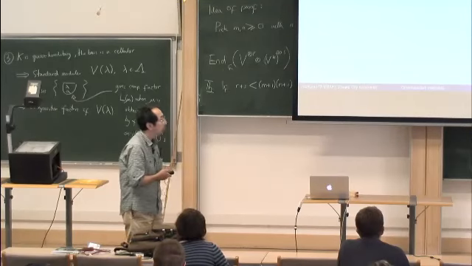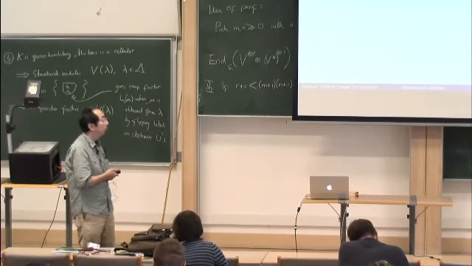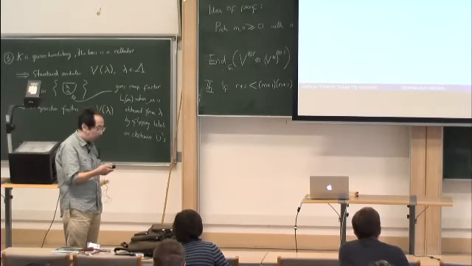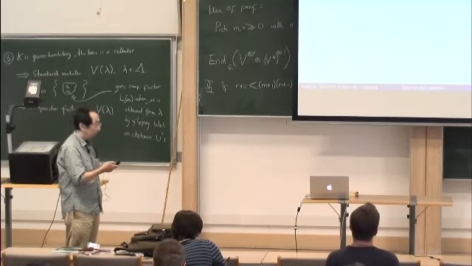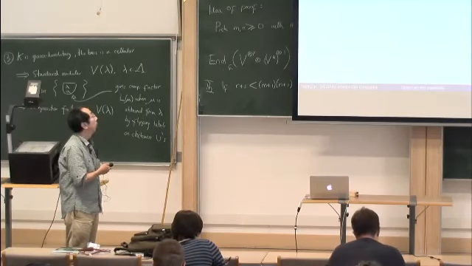So far I talked about the case where q is transcendental, and I also want to consider the case where q is a root of unity. So I need some specialization.